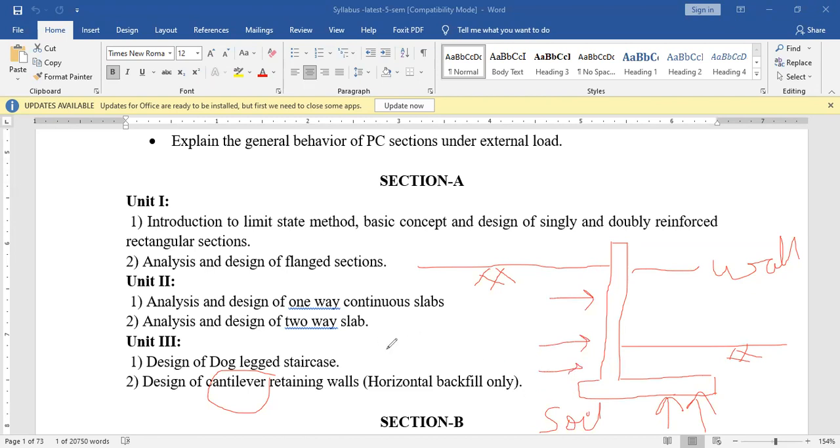If you are learning fourth semester geotechnical engineering, you will be able to understand the concept related to it. So basically horizontal backfill only, this part we will be covering while designing.